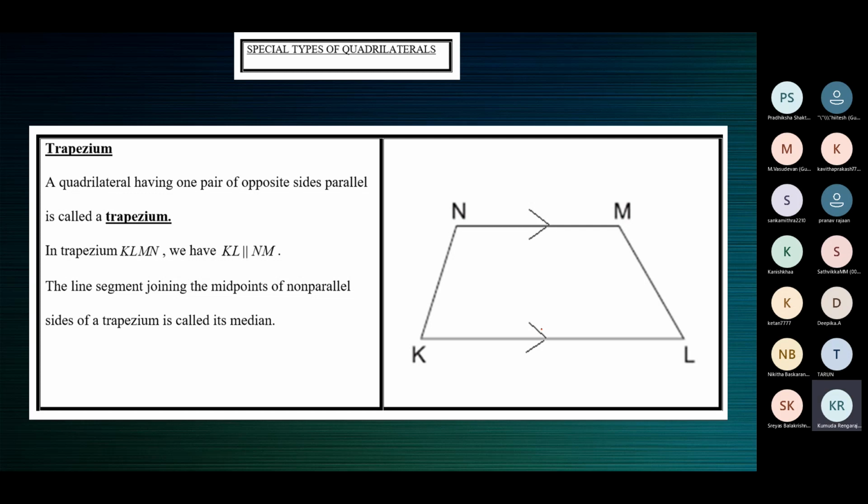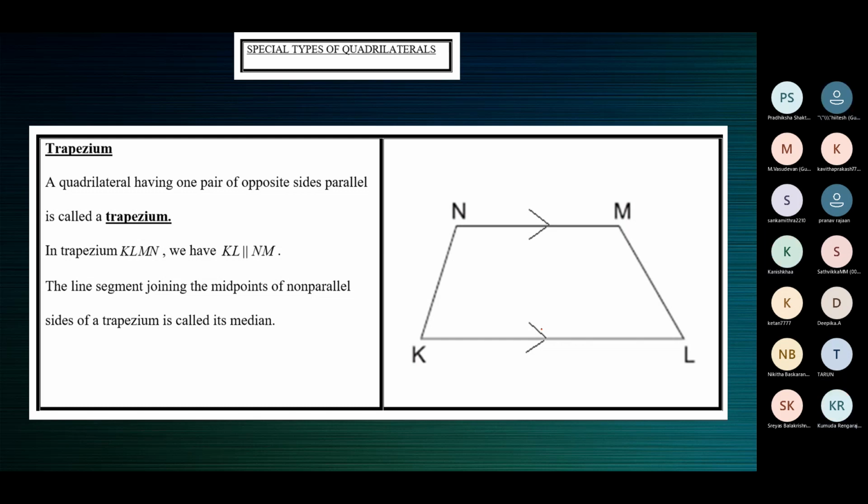What is a median in a trapezium? The line segment joining the midpoints of which are the non-parallel sides in the trapezium? Which are the non-parallel sides? NK and ML.